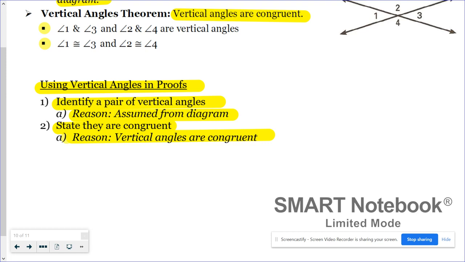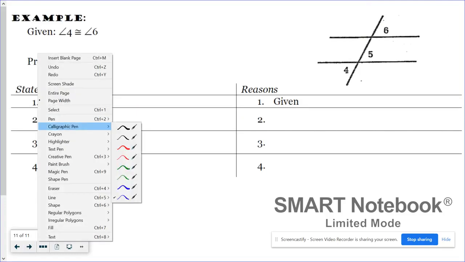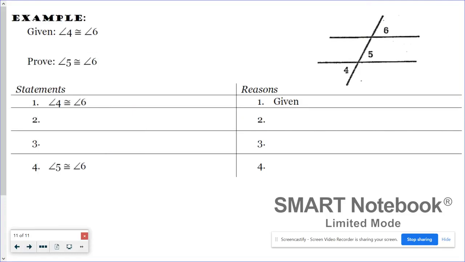Okay. So let's put these 2 ideas together here. So in this proof, we are given that angle 4 is congruent to angle 6. So it's a congruence given. I write it down in my 2 columns. I mark my diagram. And that's it. Okay, all right. So then what? Well, for guidance, let's look at what we're trying to prove.